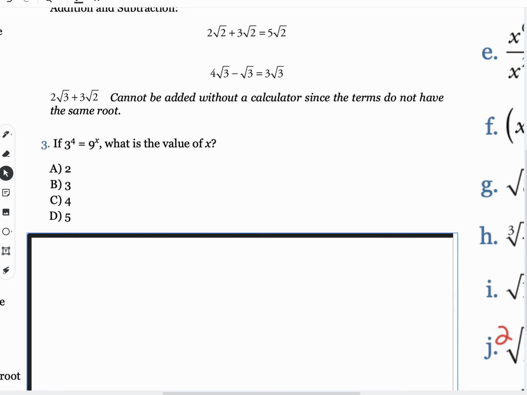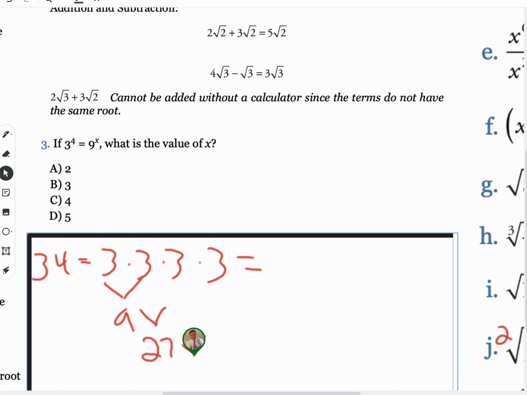For example, let's rewrite 3 to the 4th power as 3 times 3 times 3 times 3 equals 3 times 3 is 9, times 3 is 27, times 3 is 81.